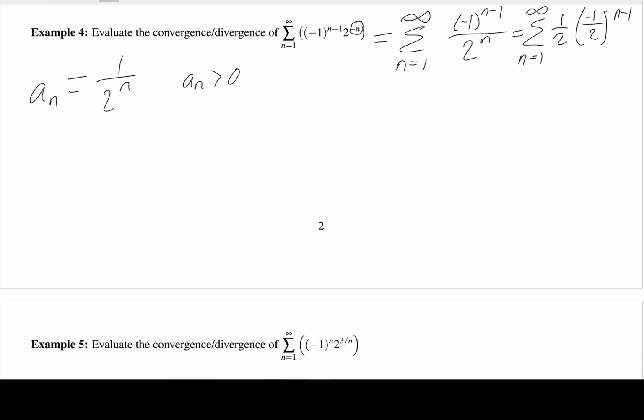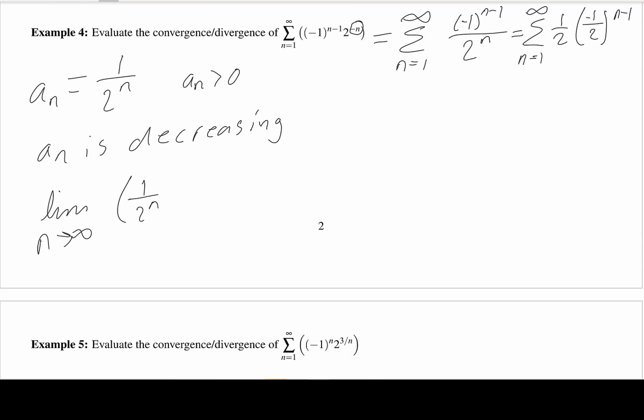We know that it's decreasing because the denominator is getting bigger every time. And then we'll look at the limit. The limit as n goes to infinity of 1 over 2 to the n is going to be equal to 0. So we can also say that this converges by the alternating series test.